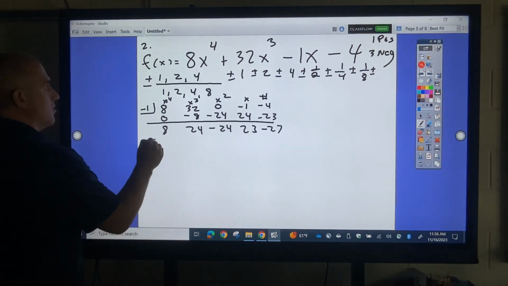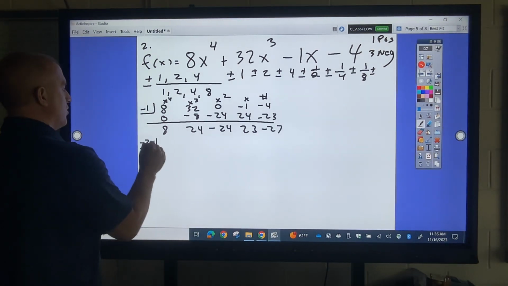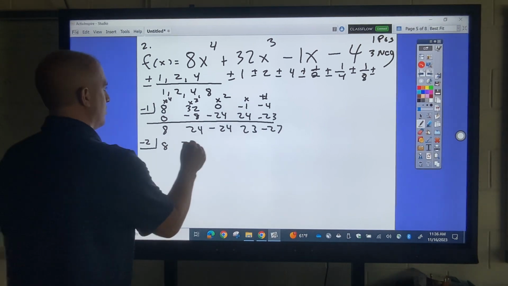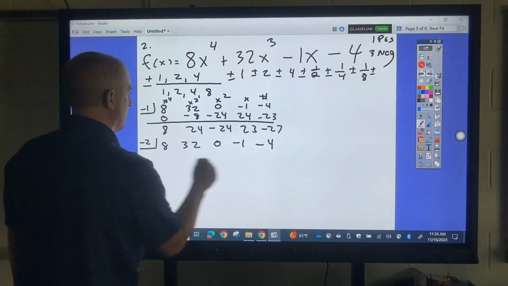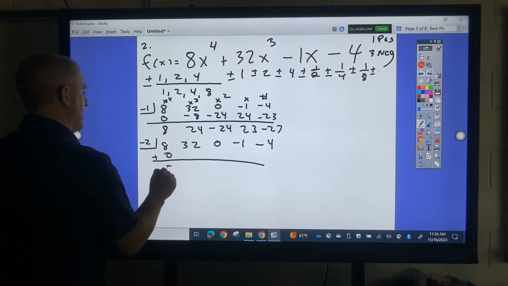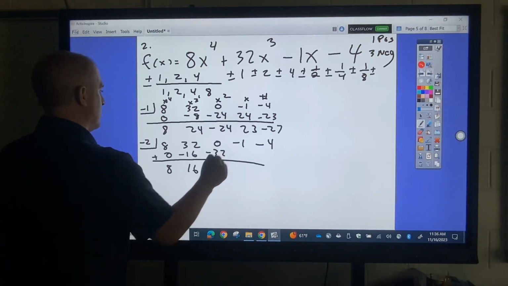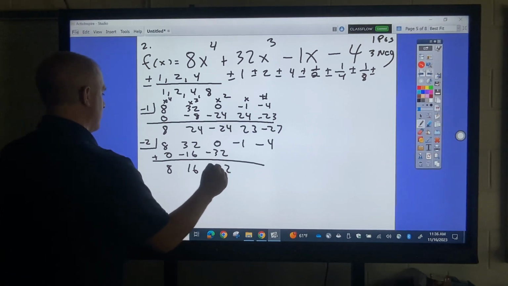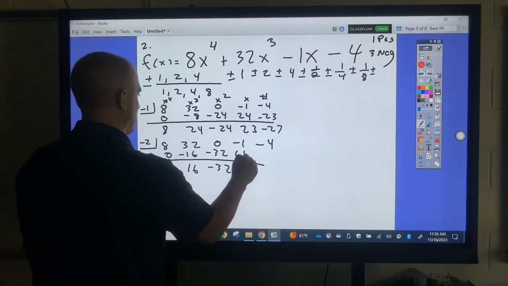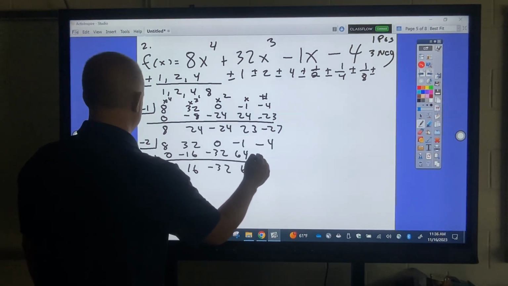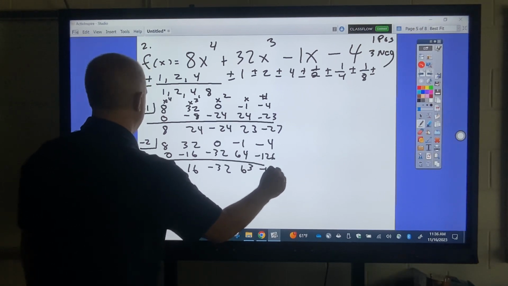So we know that's not good. Let's go to negative 2. I got 8, 32, 0, negative 1, negative 4. So that's 8, negative 16, 16, negative 32, negative 32, 64, 63, 100 and negative 126. So that one's not good either.